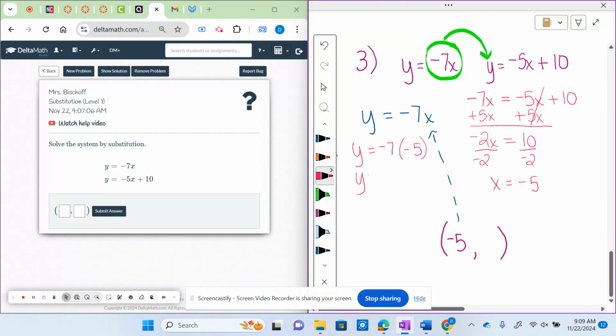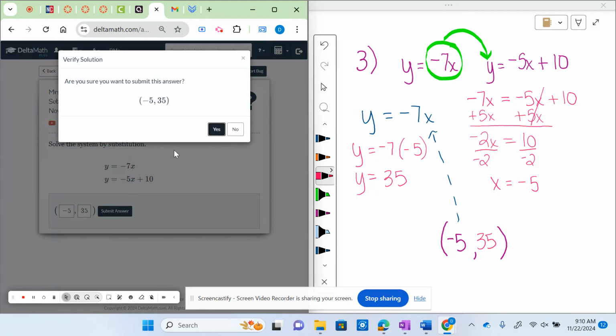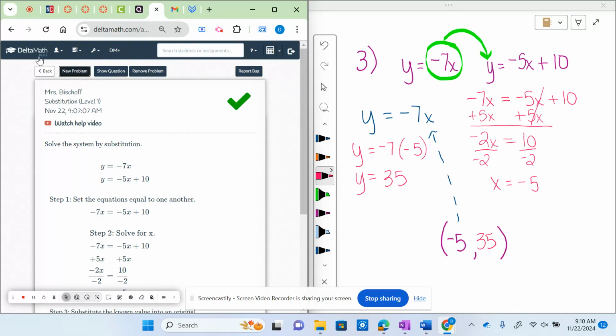Well, what is -7 times -5? It's +35. So my solution to this system is -5, comma 35. What are y'all thinking about this?